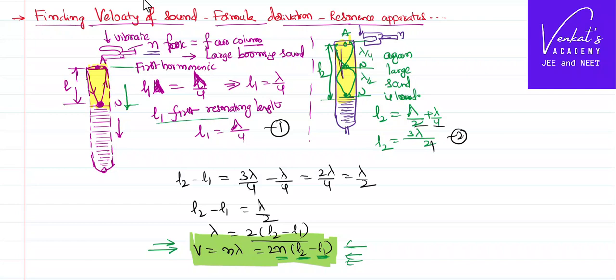The first one is L1, and L2 is the second length of the resonating column. That's what you do in the laboratory. This is the formula you use. This is the reason for that formula. Right? Thank you for watching.